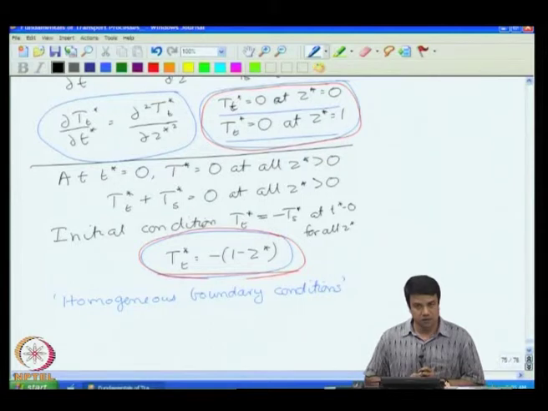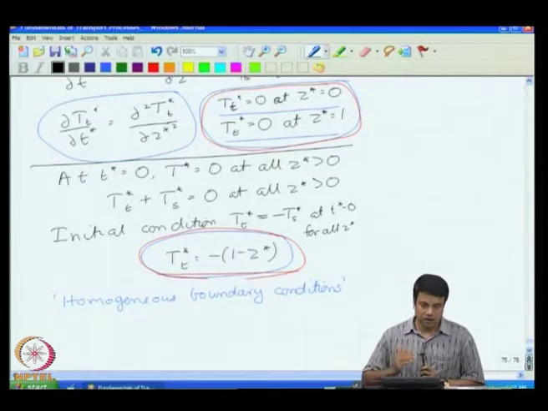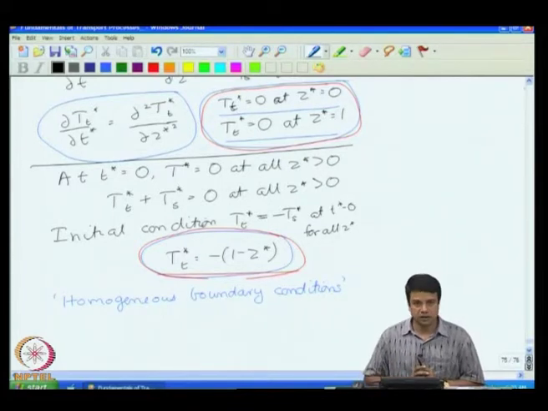However, the initial condition is not homogeneous. You have a non-homogeneous initial condition, which is actually the reason why T transient is not equal to 0. In the limit as t going to infinity, it will of course decrease to 0 in the long time limit, but at intermediate times it is not equal to 0, because the transient temperature field has been forced at the initial time, at t star is equal to 0.